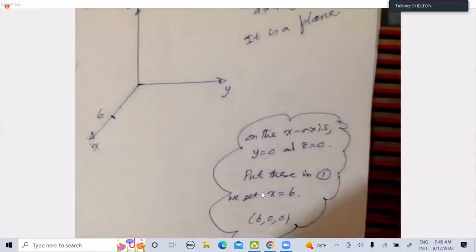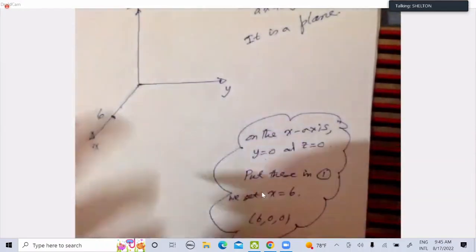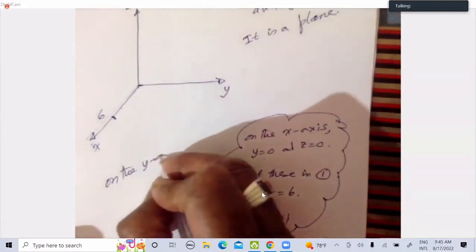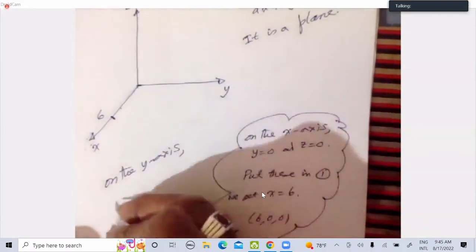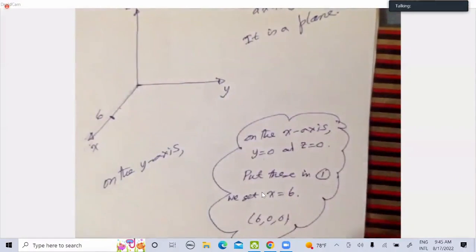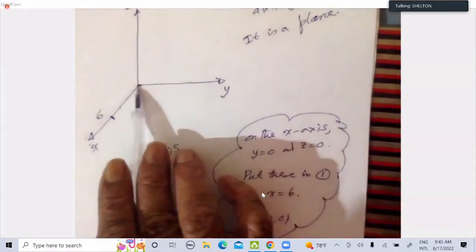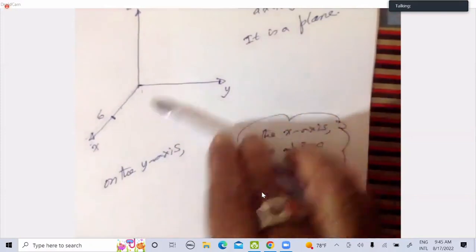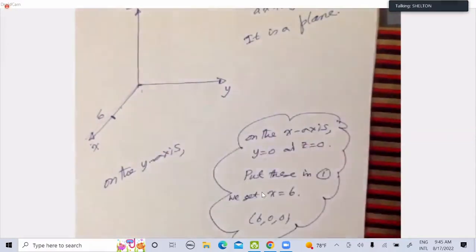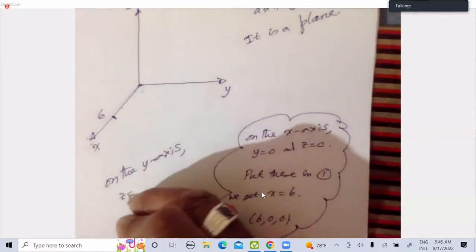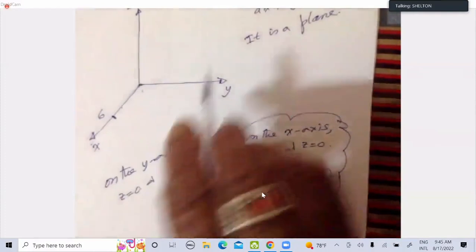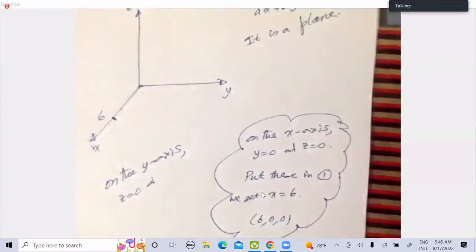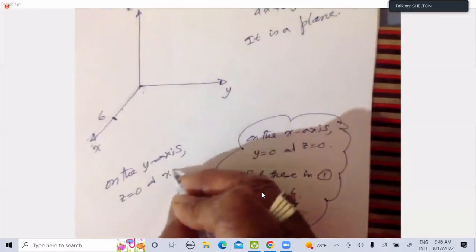Do the same for the y-axis. On the y-axis, what is 0? On the xy plane, z is equal to 0, and for the y-axis on this plane, x equals 0.